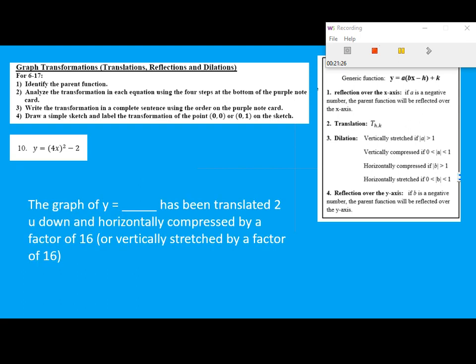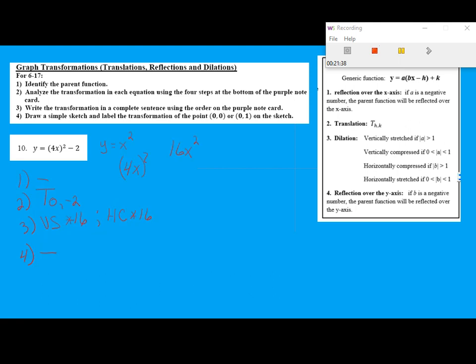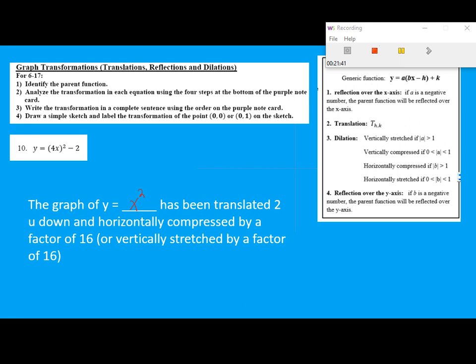So my sentence will look like this. And guys, just pause the video if I get clicking a little too fast for you. The graph of y equals x squared, and just go straight down that checklist now. Has been translated 2 units down and horizontally compressed by a factor of 16, or vertically stretched by a factor of 16.